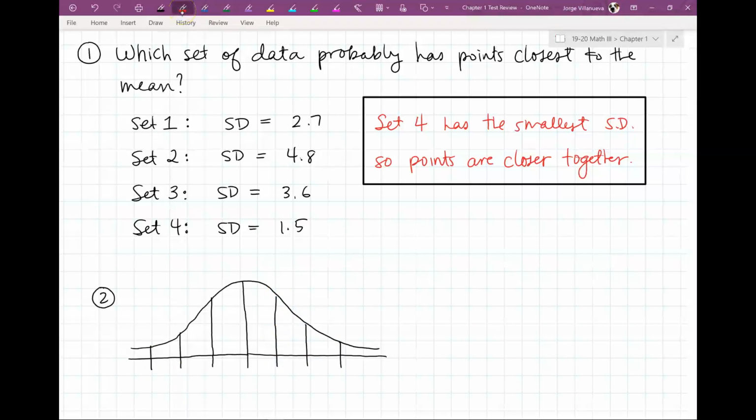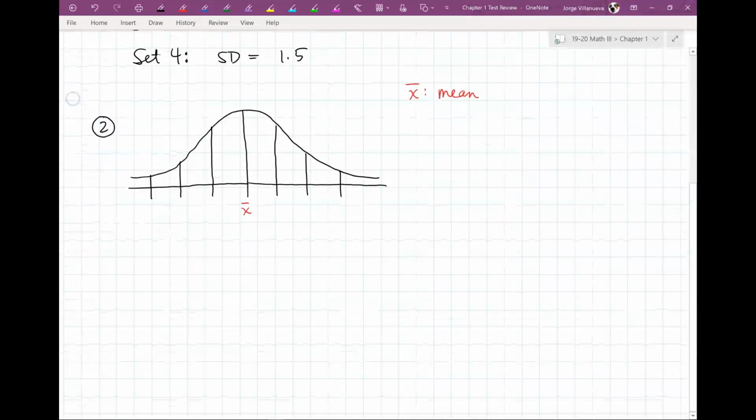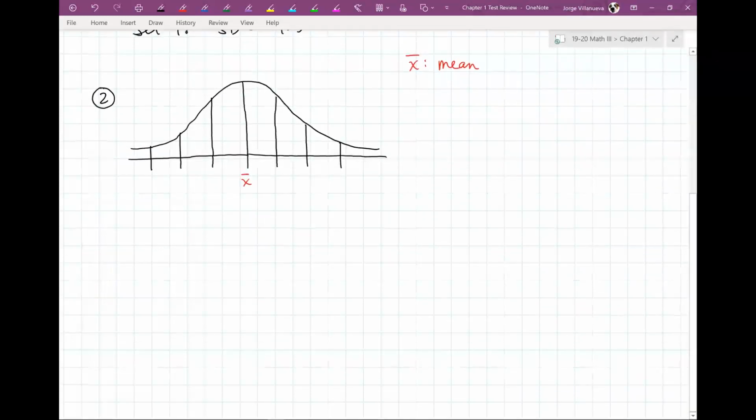All right, now, I don't like the way they did it on the test, but this is the way it's going to look. Remember the X with the bar means mean, okay? So you might want to write that on your notes. This means mean, okay? So please make sure you write that down on that 3x5 card, or else you're going to look at this and say, what the heck is X bar, right?